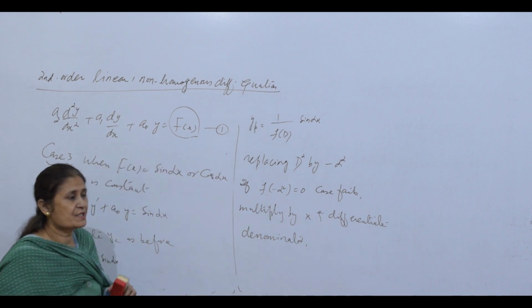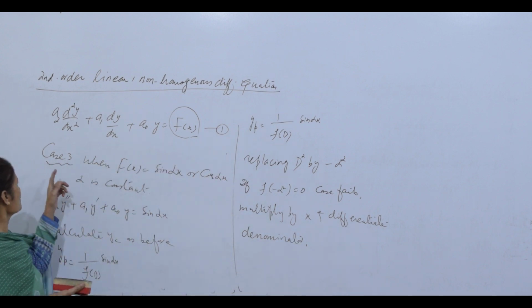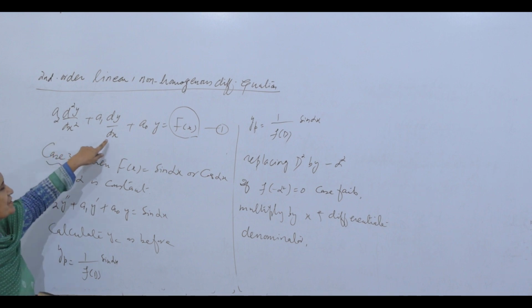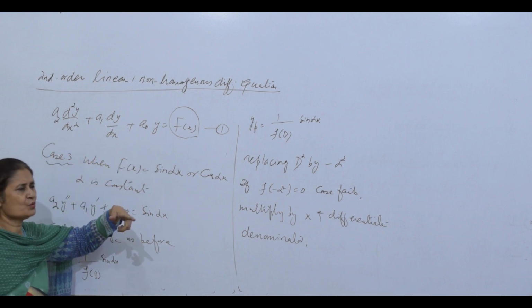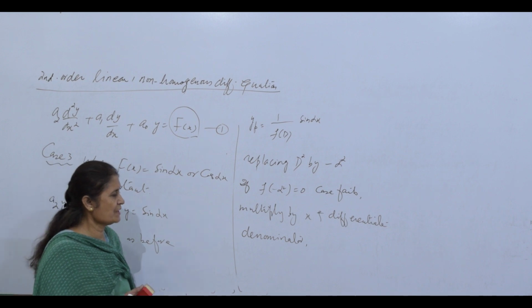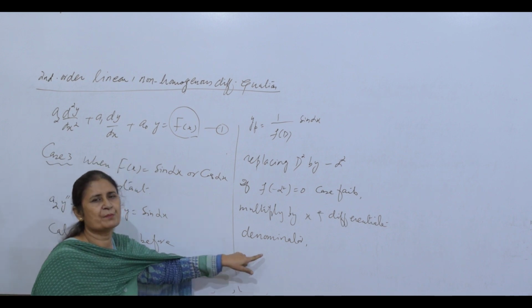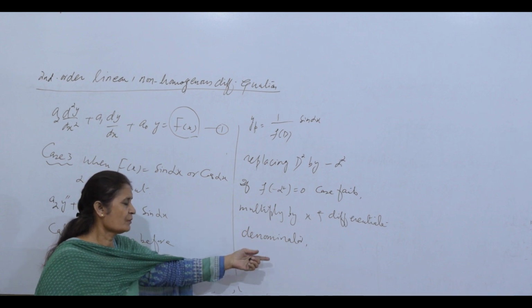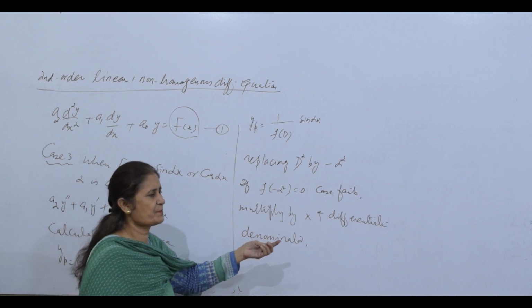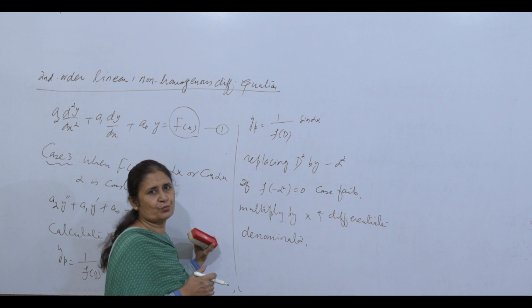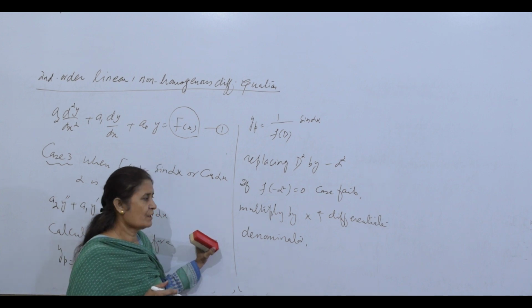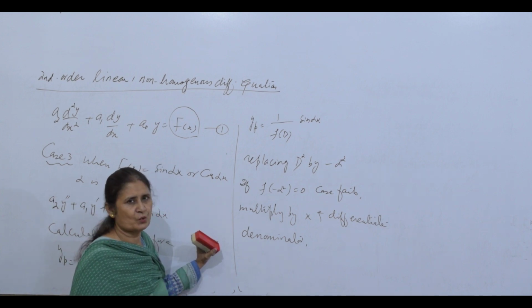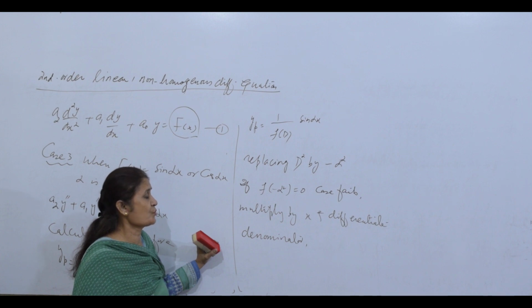Now try to understand one thing. If this is D square plus D plus something, and you are differentiating the denominator, it becomes something like 2D plus 1 in the denominator, or 2D minus 1, or D minus 4. So how to apply the rule, because this rule works on D square?